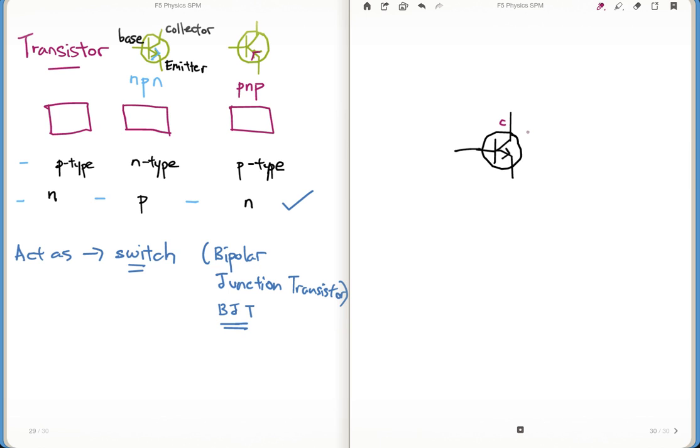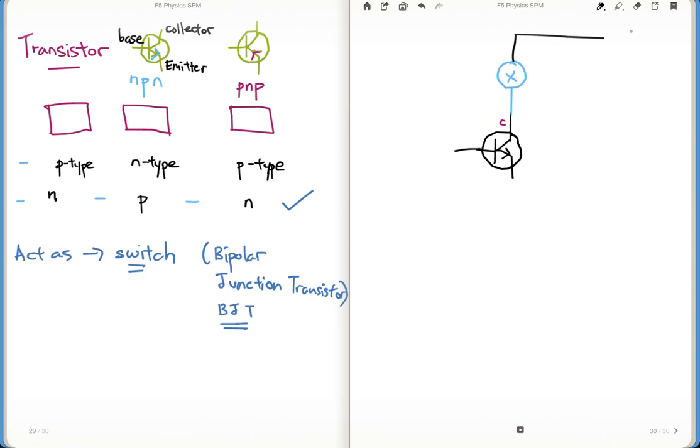Regardless of whether it is NPN or PNP, the collector has to be reverse biased. Before we reverse bias it, we connect it to a light bulb to tell if it conducts or not. Then only do we reverse bias it.